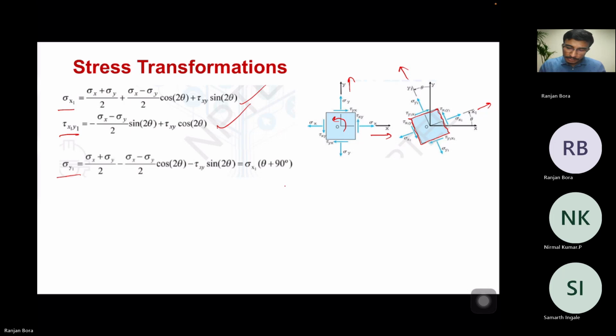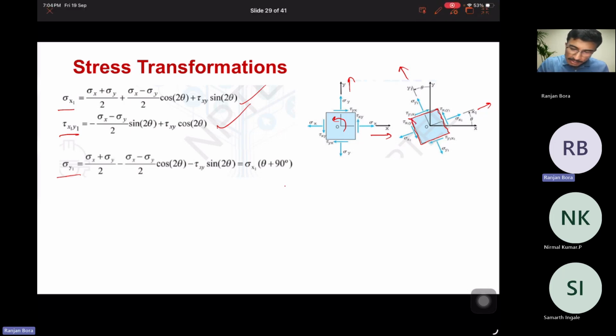So I will assume a triangular element here. This angle is theta.